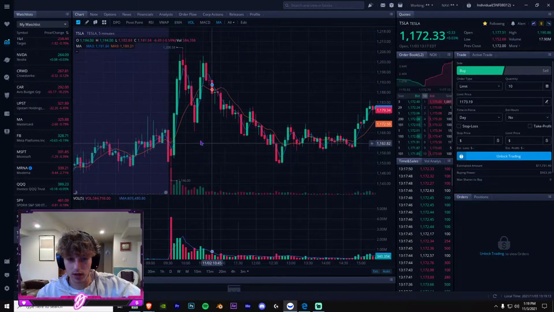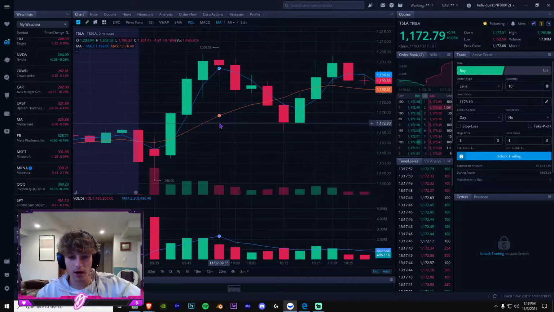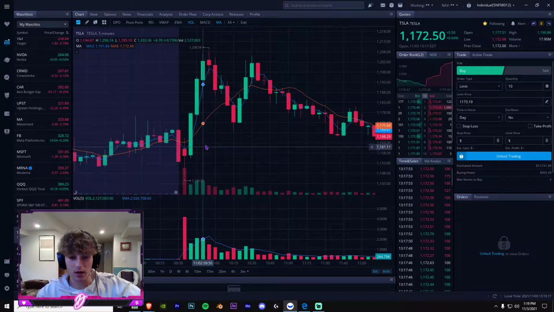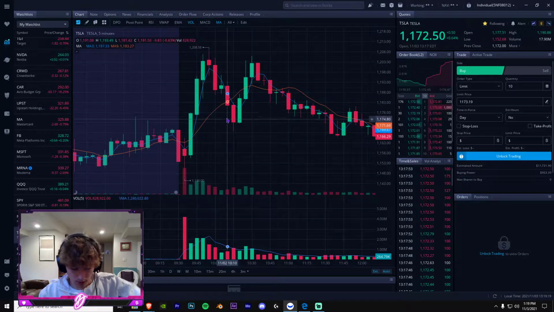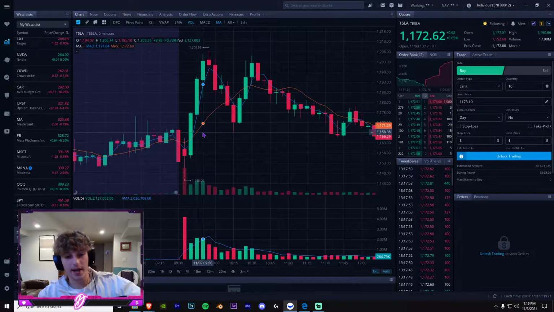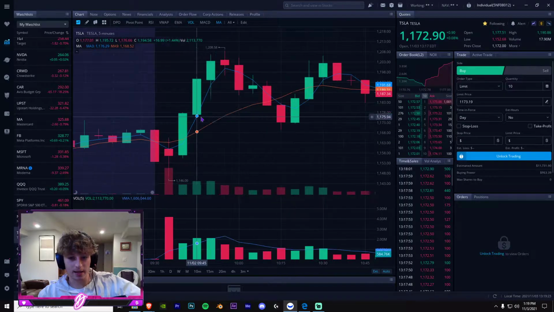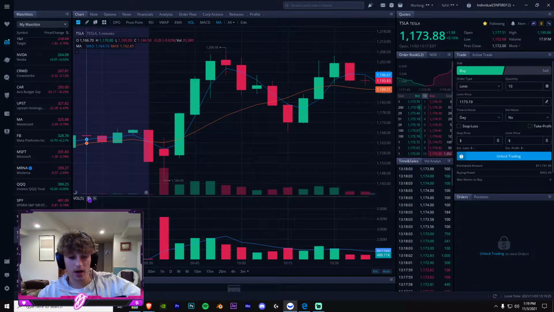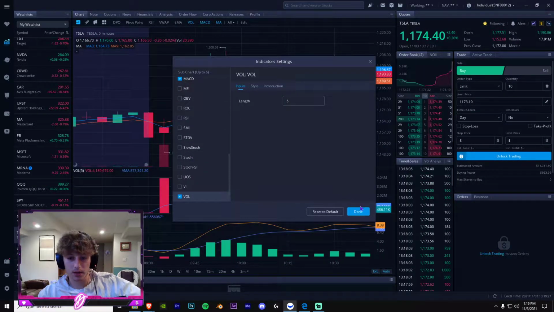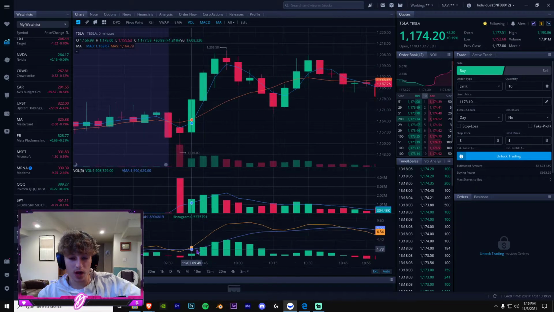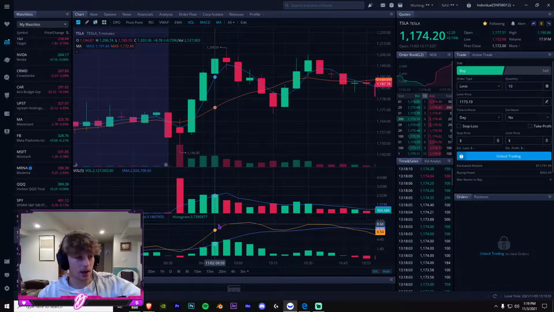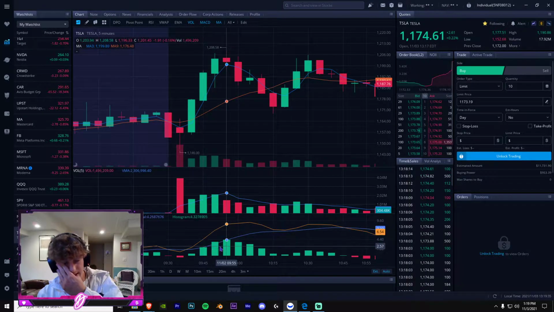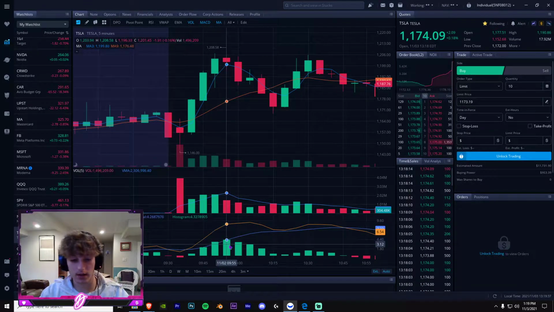So let's click done. Now we have the green and blue moving averages on the screen, and basically this is kind of like the MACD, right? With a MACD, let me just put on the MACD real quick. I talked about that last video. With a MACD, when we saw this yellow line cross over this blue line, that means it's in an uptrend, because this is a faster moving average than this one.